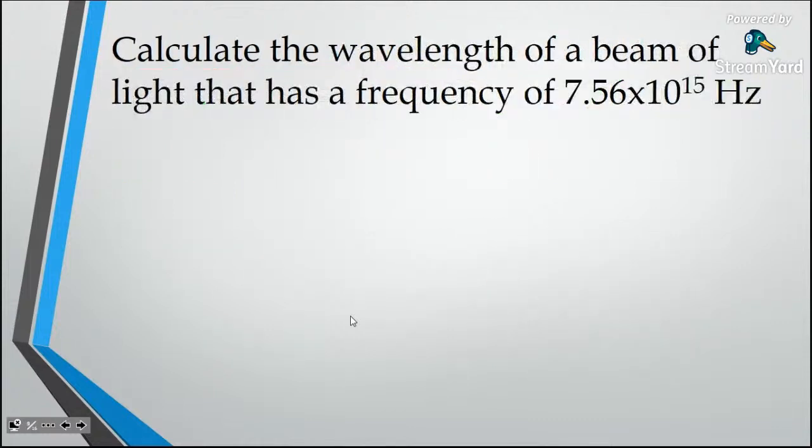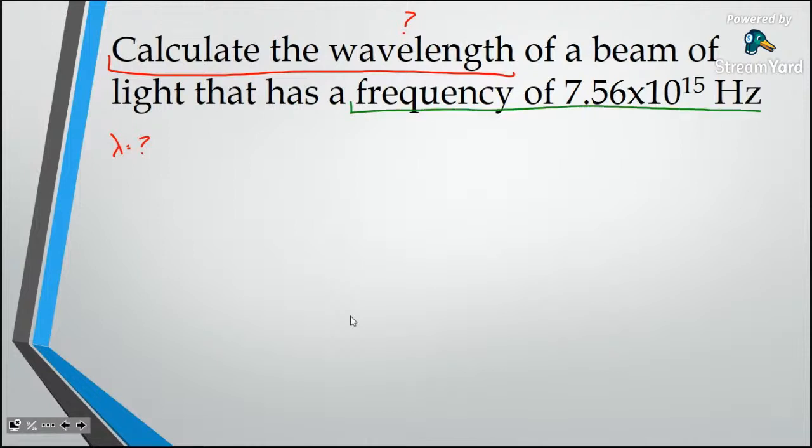So the next question, let's start with frequency and find wavelength. And again, going through, calculate the wavelength. That's my unknown. For a beam of light that has a frequency of 7.56 times 10 to the 15 hertz.